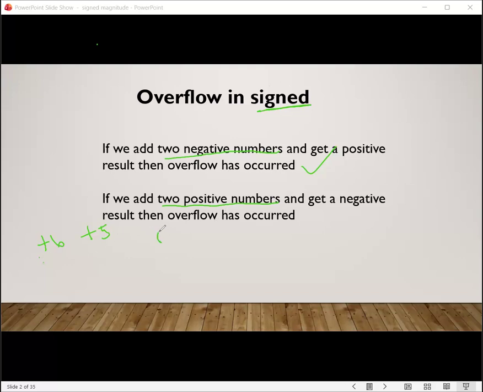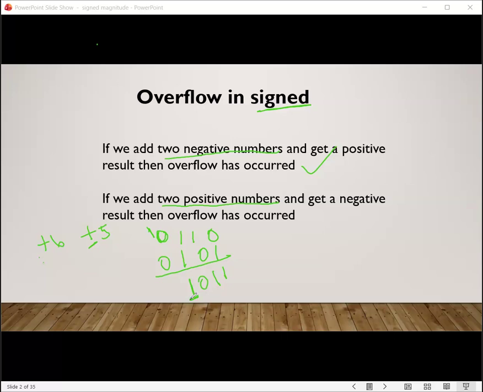For a positive sign, we put the first bit as 0 and the value of 6 is 1, 1, 0. Whereas the value of 5 is 1, 0, 1. And for positive sign, we write it as 0. When we add both, 1 plus 1 is 10, carry 1.